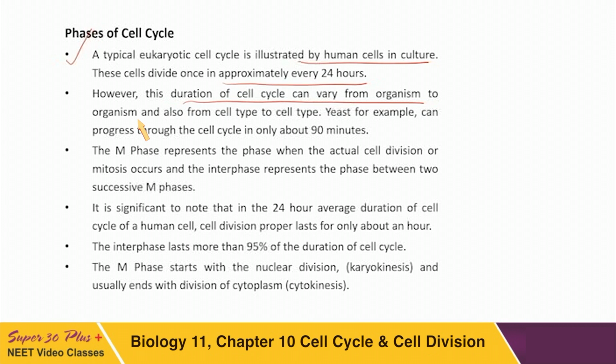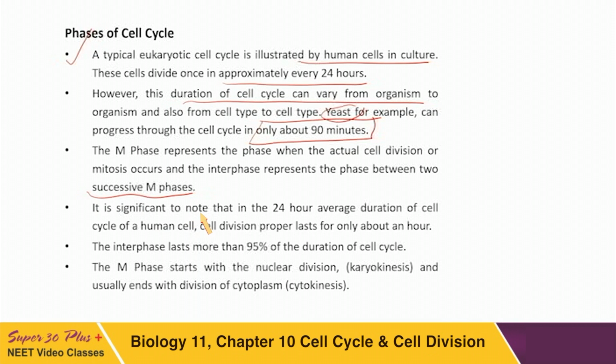Yeast, for example, has a cell cycle of only 90 minutes. The M phase represents the phase when actual cell division takes place, that is, the cell will divide into two. That is known as the M phase.